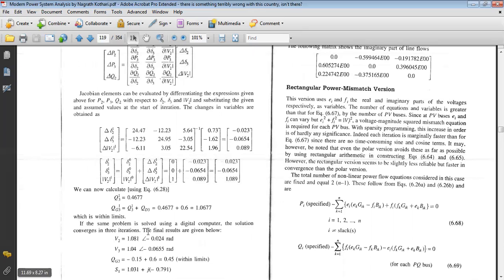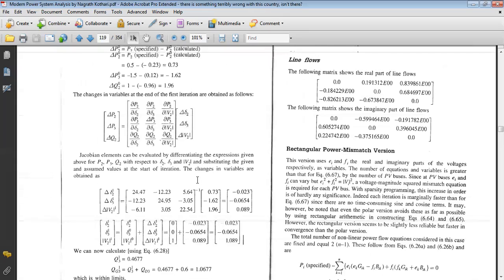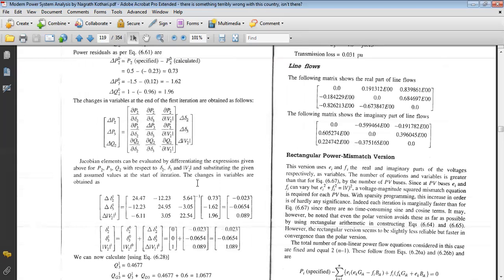If we solve this problem using a computer, then after 3 iterations we will find our desired result. So this particular problem needs 3 Newton-Raphson iterations to find the solution.